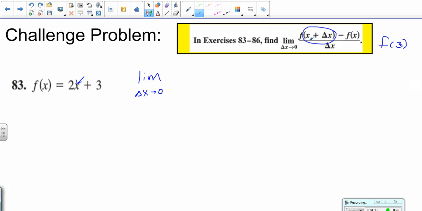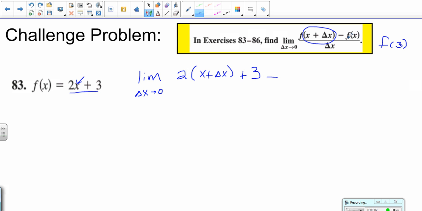But it's not 3, it's x plus delta x. So we're just going to substitute it in its place, just like we would have done if it were a number to evaluate at. So I'd have 2 times x plus delta x plus 3, because that's the function. It says double the value and then add 3. Double the value, add 3.